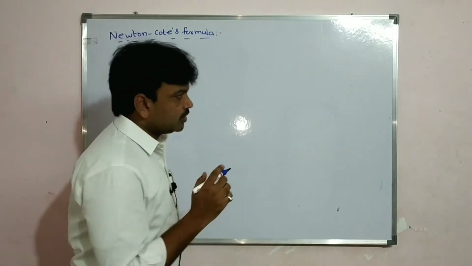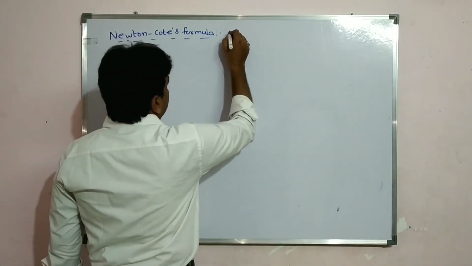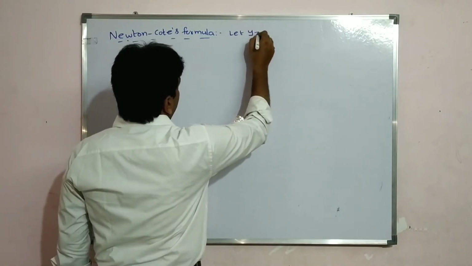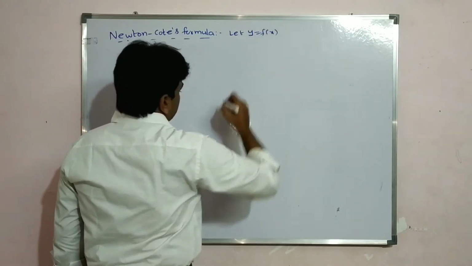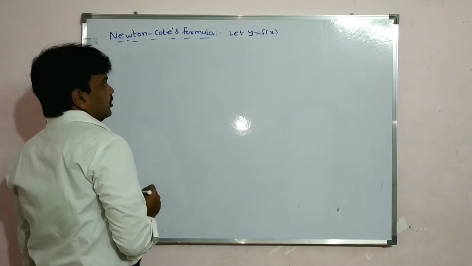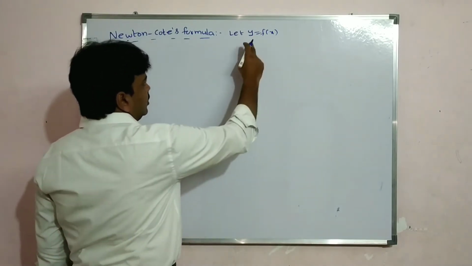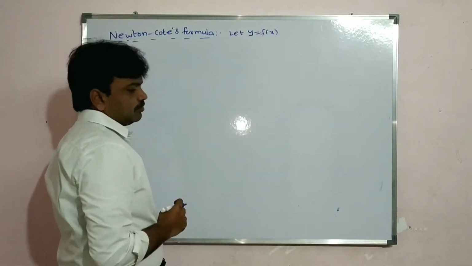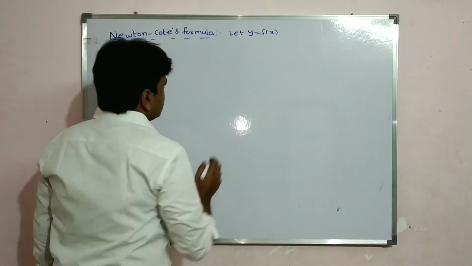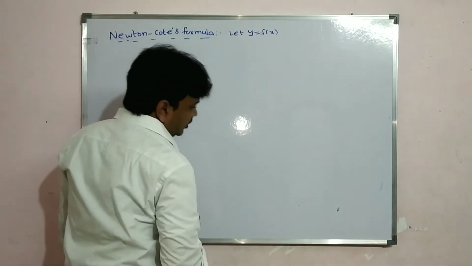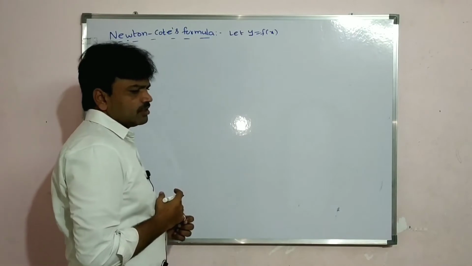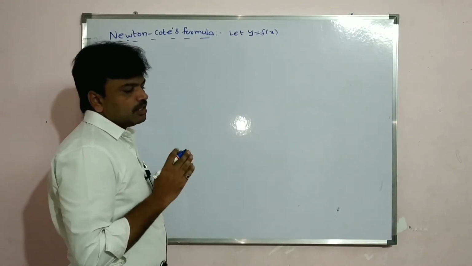Okay, students. For that, say let y is equal to f of x be any function. We are always finding y value at a particular point x. So whenever we are given a definite integration, we always need table values, students.